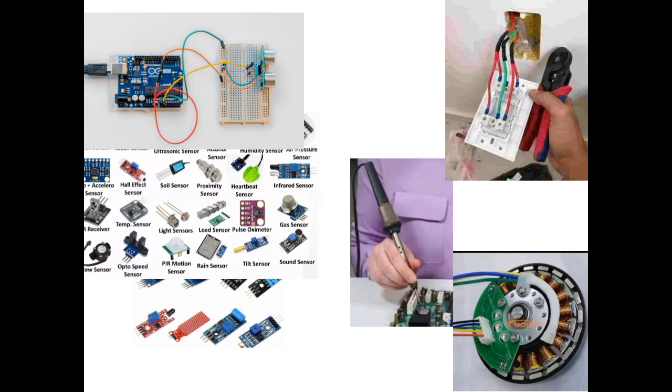So as we see, small appliances like our Arduinos, our sensors, our light bulbs, and other things work on direct current, whereas larger appliances like soldering irons and some alternating current motors use AC current.